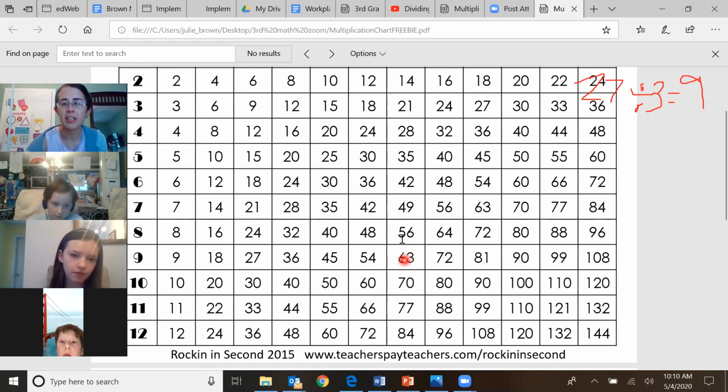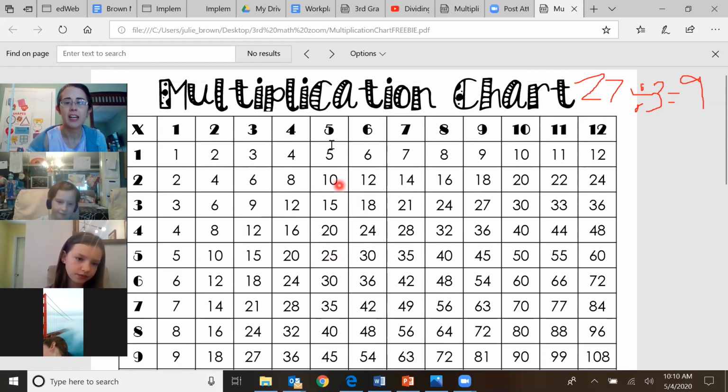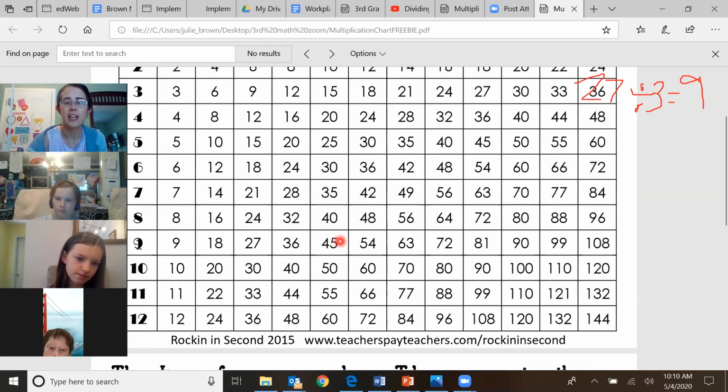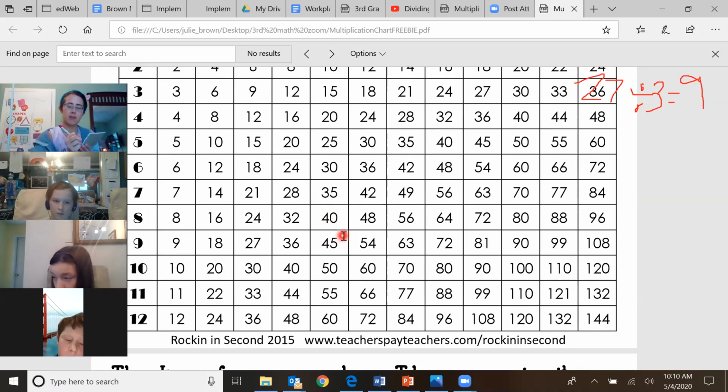And Hadley, where would you like the spotlight? I'm not sure. Maybe on like 45. Sure. So I find 45 right here. I see I'm in the 5s column and the 9 row. So want to give me a dividing problem with 45? 45 divided by 9 equals 5.